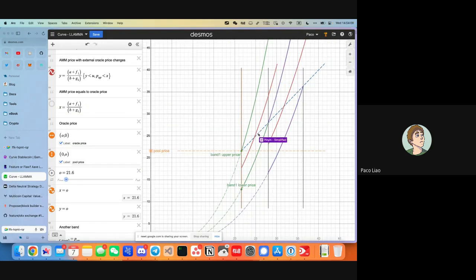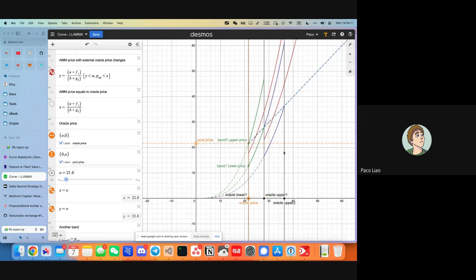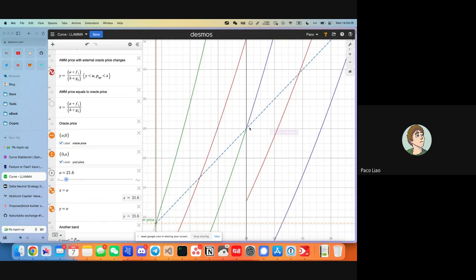And they have multiple bands in this external price domain. I only drew 2. So this is the P up of the first band. Let's say the price goes to here.